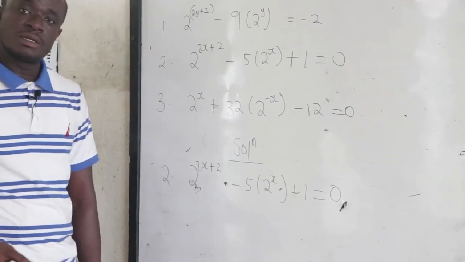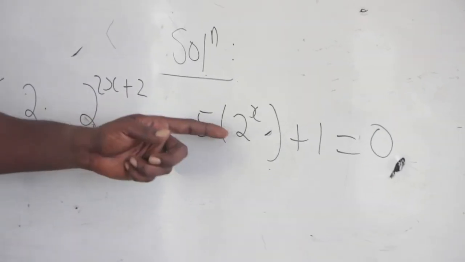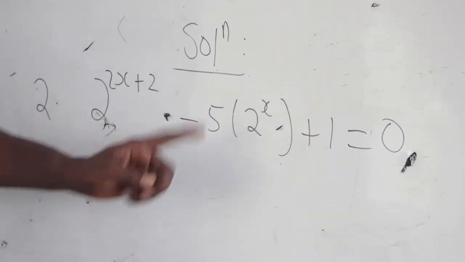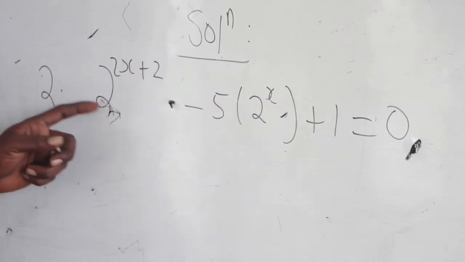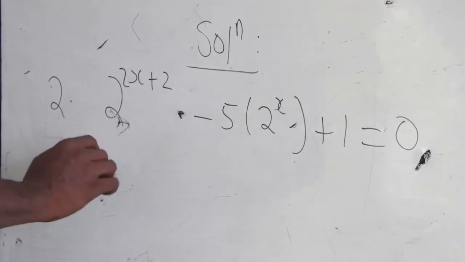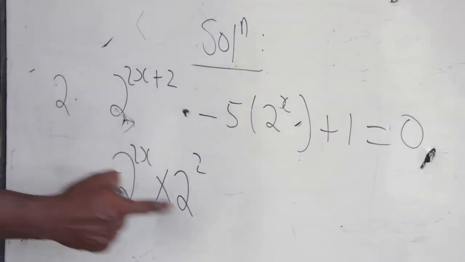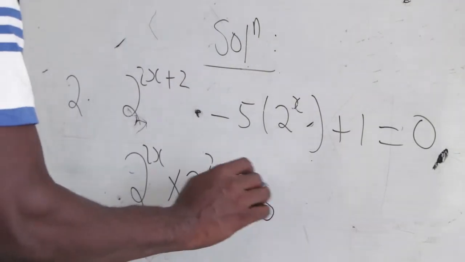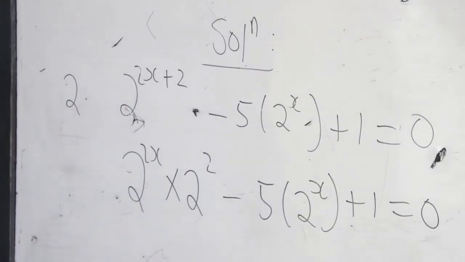Now let's see this example, question number 2. 2 to the power 2x plus 2, minus 5 times 2 to the power x plus 1, equal to 0. Now 2 to the power x is here, and we can also get 2 to the power x over here. Let's apply the first rule over here. So we have 2 to the power 2x times 2 to the power 2, and this will transform to this. Minus 5 times 2 to the power x plus 1 equal to 0.